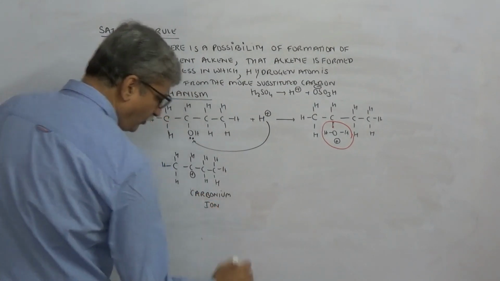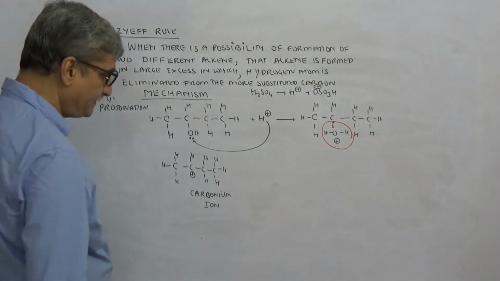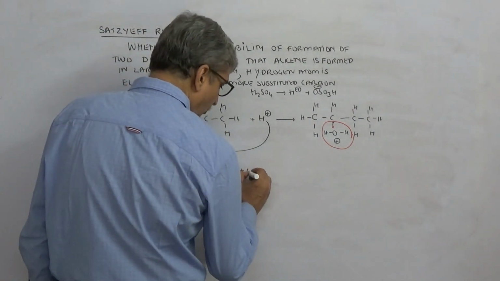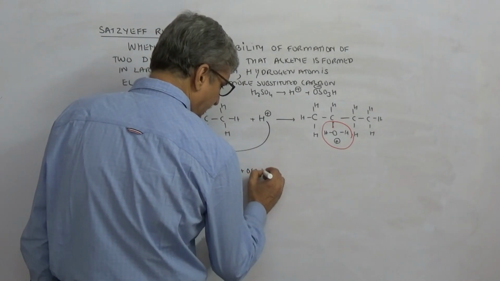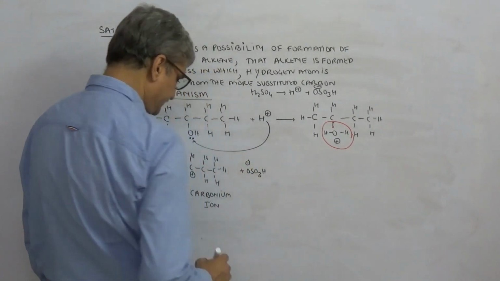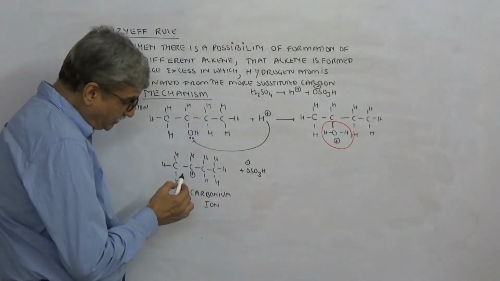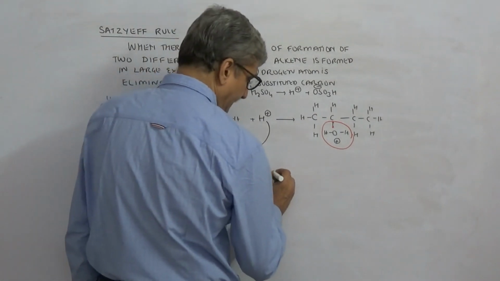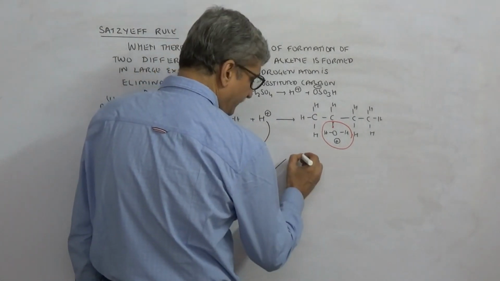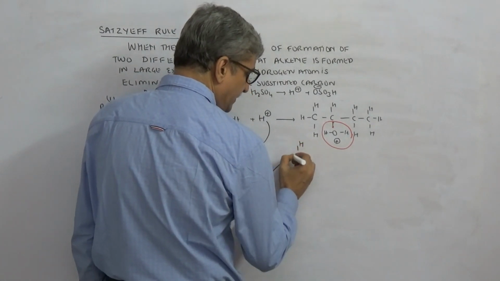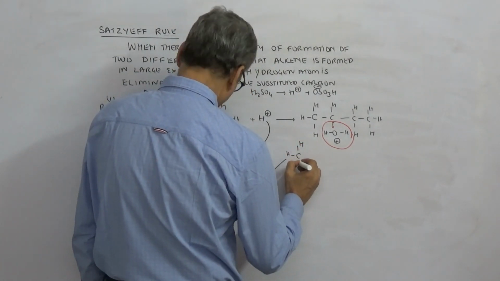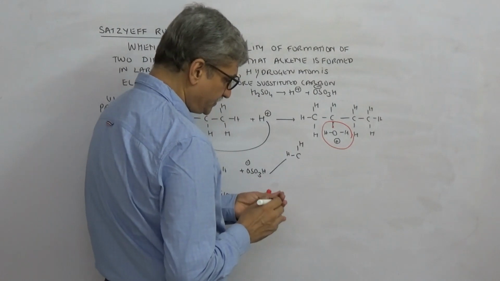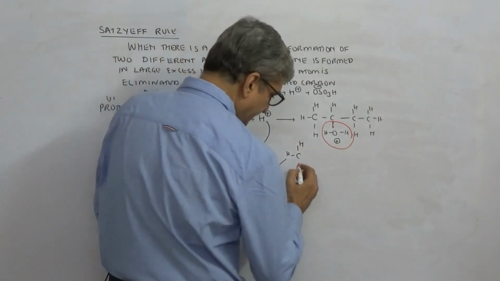Is a carbonium ion. Now just imagine we have OSO3H minus still left out. Now it is going to remove this hydrogen or this hydrogen. So we get two possibilities. One possibility is, this hydrogen has gone, so this carbon is negatively charged.